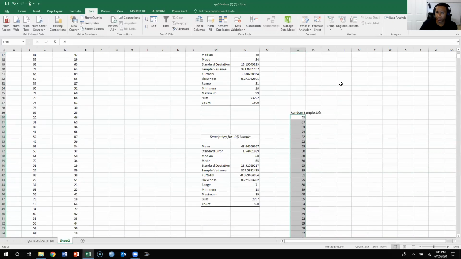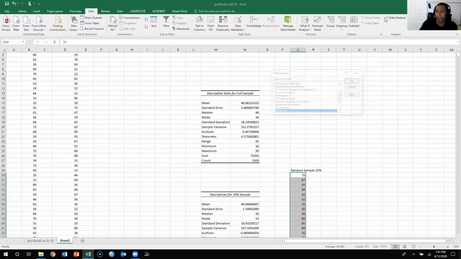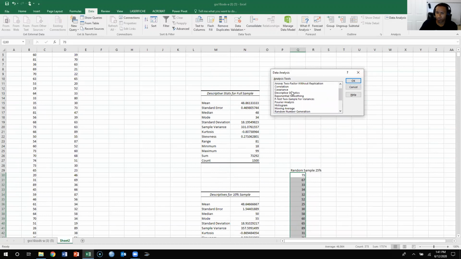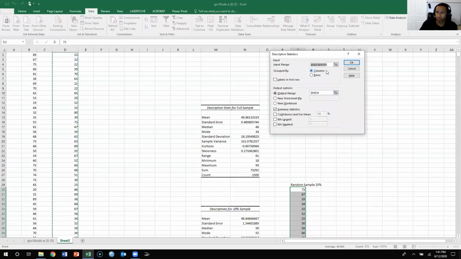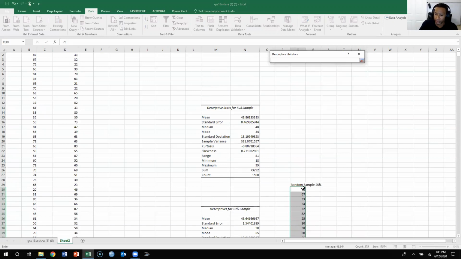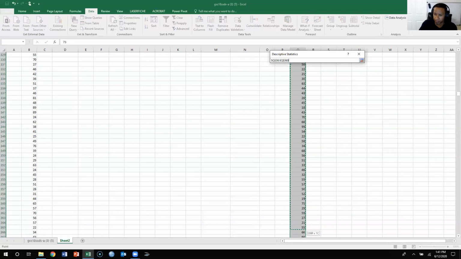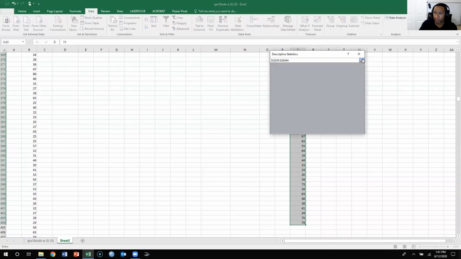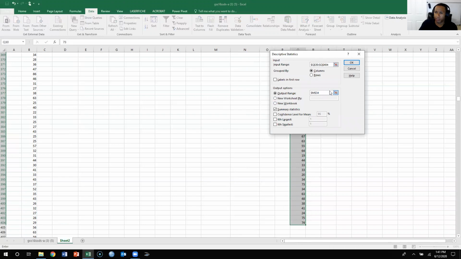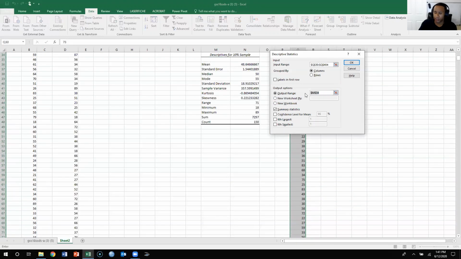For this data set. Instead of being here, I want my input range to be here. So I get all 375 of these respondents. And I'm going to put my output range somewhere right here.